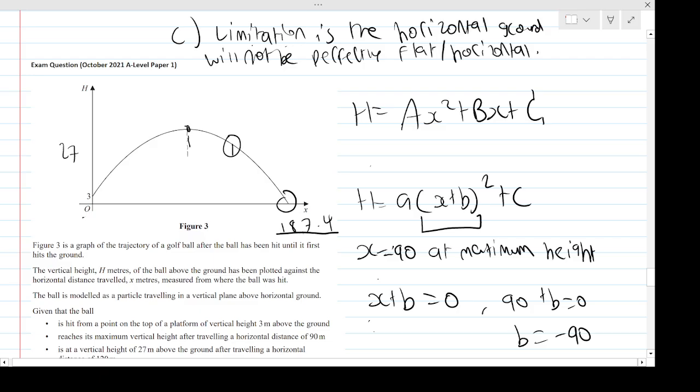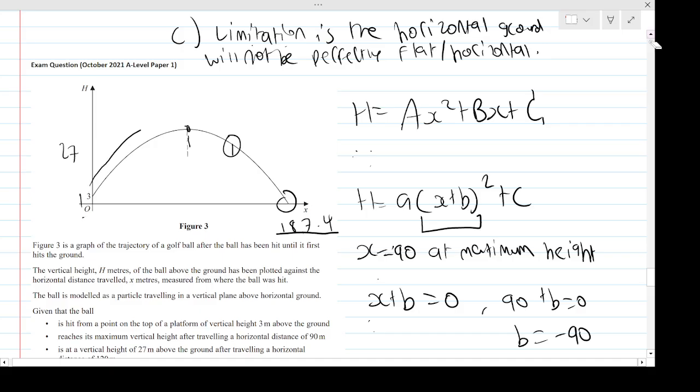And that's your limitation, because the model assumes it is, in order to get this flat x-axis. But again, if it's hilly, then it might affect how high up you are. It might actually affect the vertical height because it might be higher than anticipated. If, say, you're standing on a little hill at the start, it might not be 3 meters you're up, but the hill gives you some extra inches. So you might actually be starting higher.